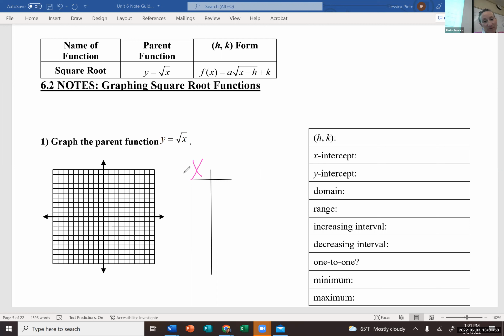Oh, 0, good. 2, 4, 9. Very close. 4 and 9 are correct. Between 0 and 4, it has a square root. Ella? 1 it is. Excellent, you guys. These are going to be the numbers that we use every time.